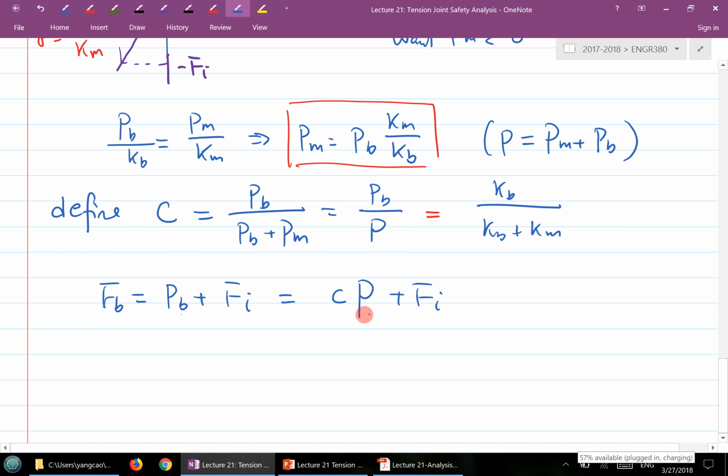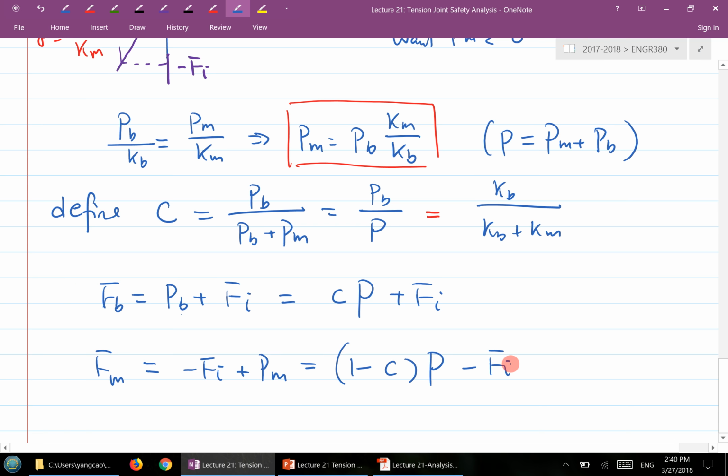And then Fm, the resultant load on the member, originally is negative Fi plus Pm. So this will become 1 minus C times P, and then minus Fi.